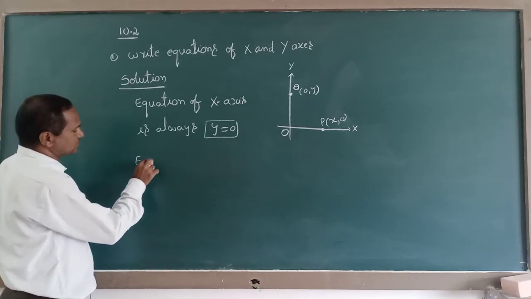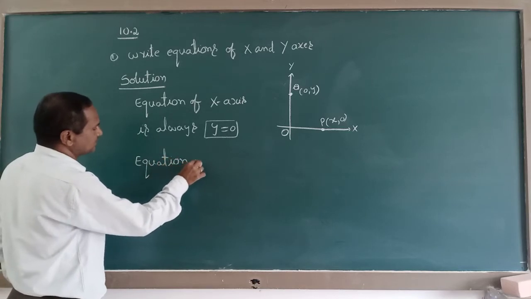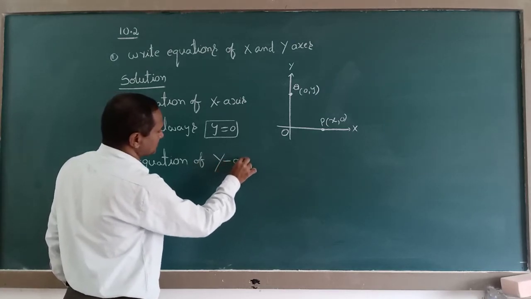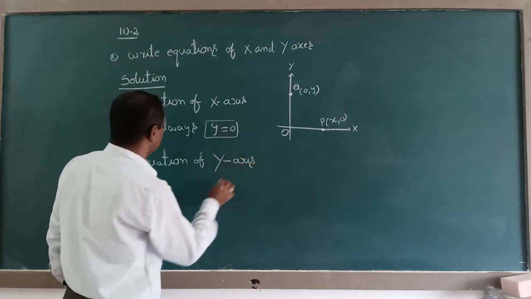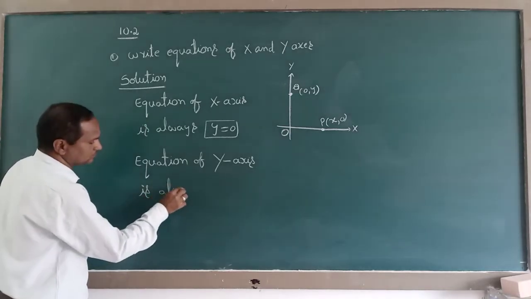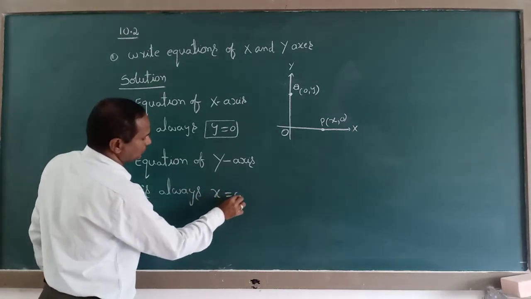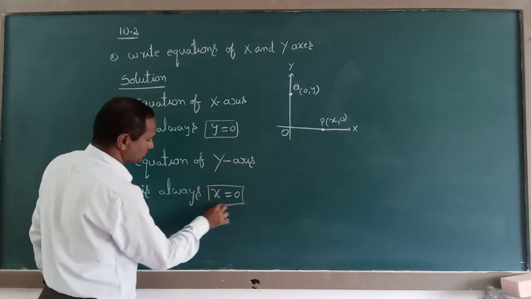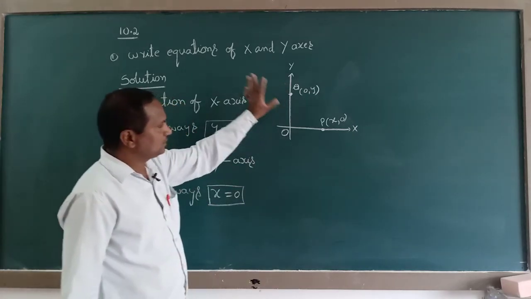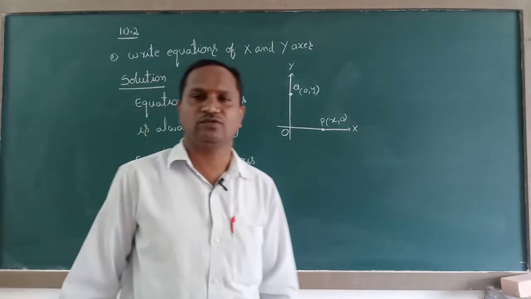Next, the equation of y axis. The equation of y axis is always x is equal to 0. Because if any point lies on y axis, then the first coordinate is always equal to 0.